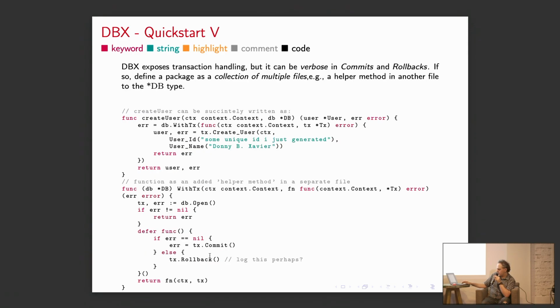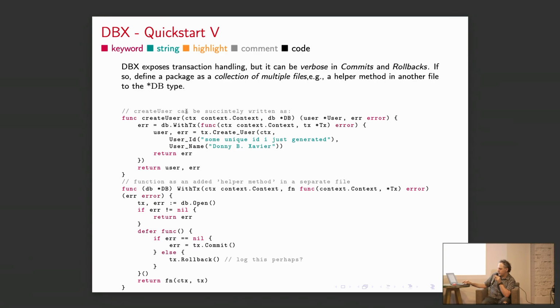And finally, DBX exposes transaction handling, but it can be verbose in commits and rollbacks. So, define a package as a collection of multiple files. For example, a helper method is another file added to the pointer DB type, okay?